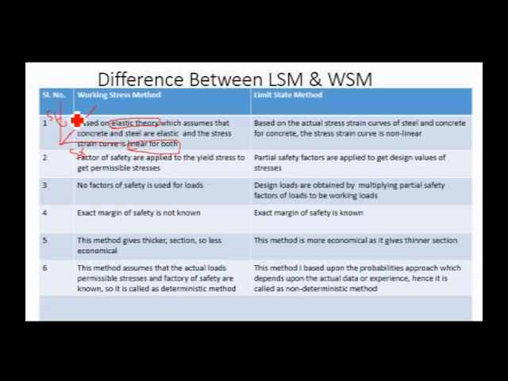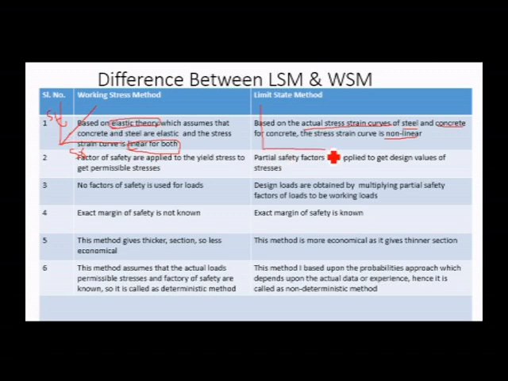When we come to the limit state method, this is based on the actual stress strain curve of steel and concrete. For concrete, the stress strain curve is not linear.